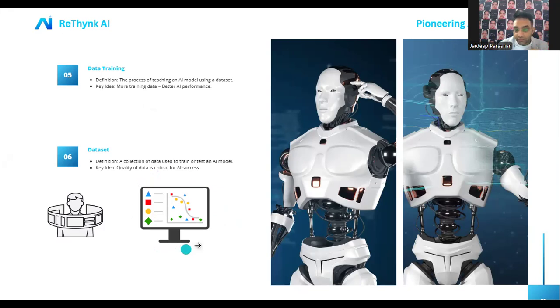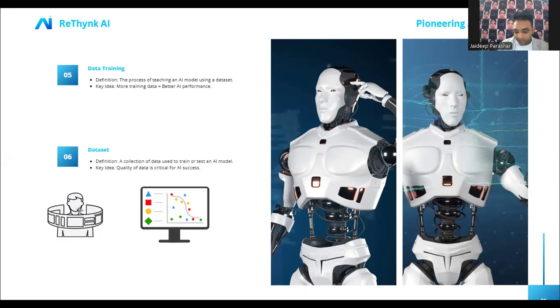When you use this data set to train the machine or to train the AI, then we say it's data training. A data set is a collection of data, while data training is training the machine on the basis of this data set. That's why we call it data training.